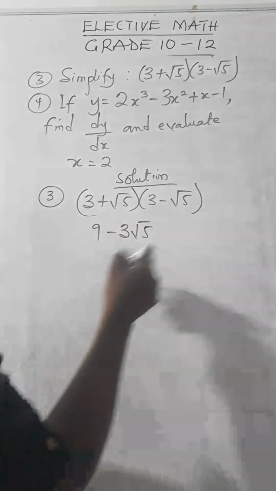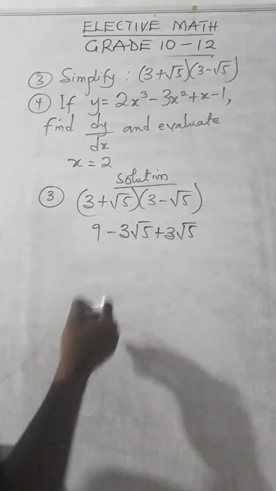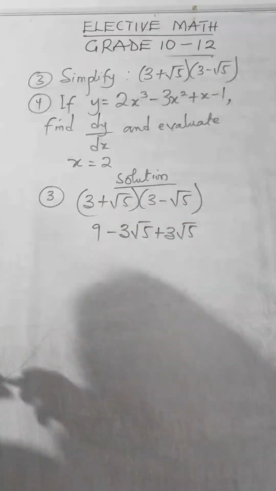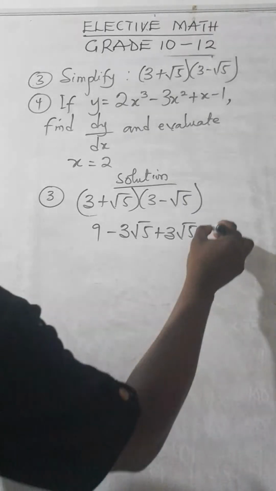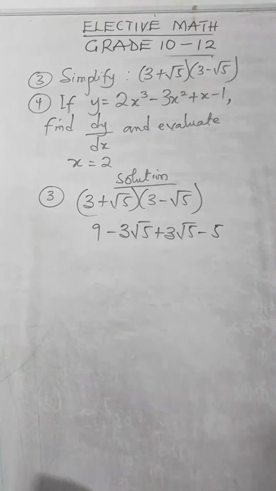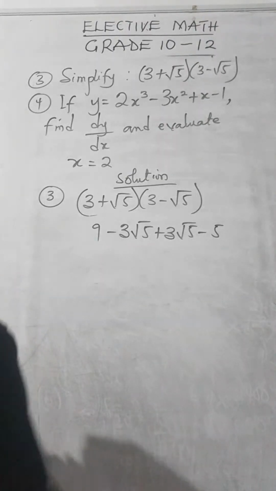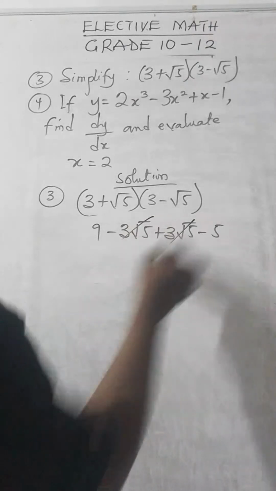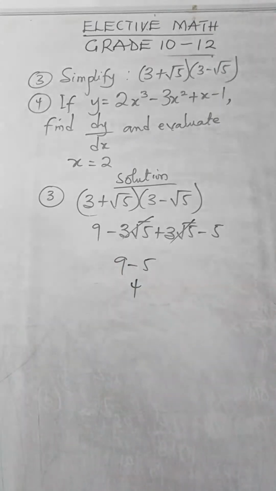Then root 5 by 3 gives you 3 root 5. Then root 5 by root 5, positive by negative is negative, so root 5 by root 5 will give you 5. So the negative 3 root 5 plus 3 root 5 will cancel out. We get 9 minus 5, which is 4.